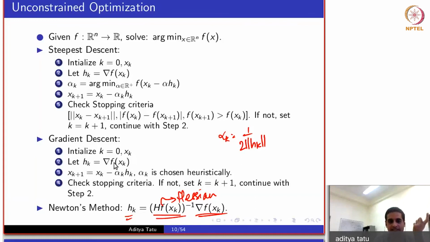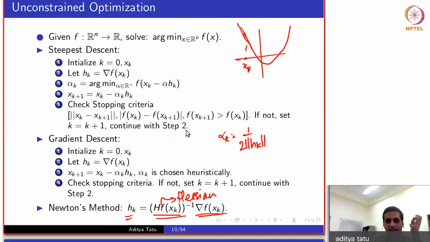Hk is the gradient. If I take a look at this function, at this point xk, the gradient, which is the first derivative in this case, has a very high value. So the slope is high, basically.